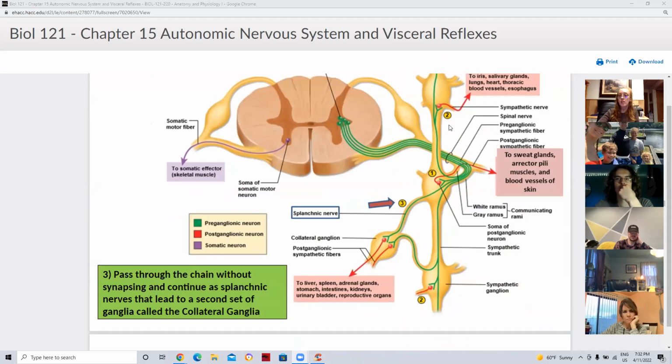Or alternatively, they can pass through the chain without synapsing and continue as splanchnic nerves that lead to a second set of ganglia called the collateral ganglia.